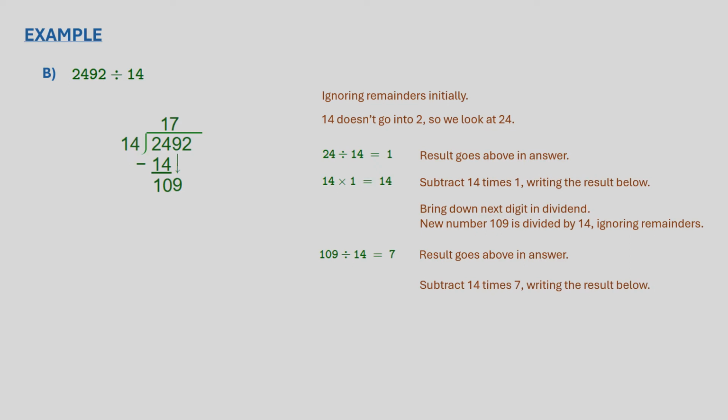Now we just repeat what we did before. Again, the result from the division is multiplied by the divisor 14. Ignoring remainders, this number is subtracted with the result written below.